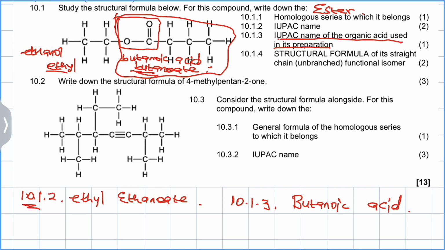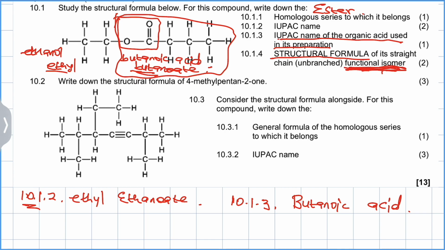Next question. The structural formula of its straight chain functional isomer. And functional isomers, we know that there are two pairs. We have a carboxylic acid and ester. We also have a ketone and aldehyde. So this is an ester. So its functional isomer will be a carboxylic acid.